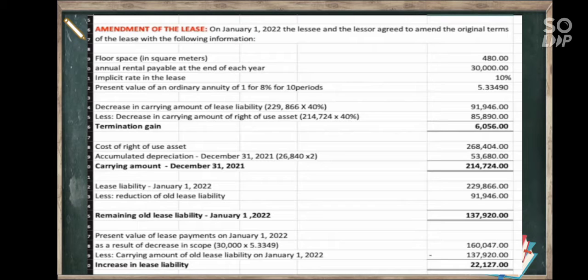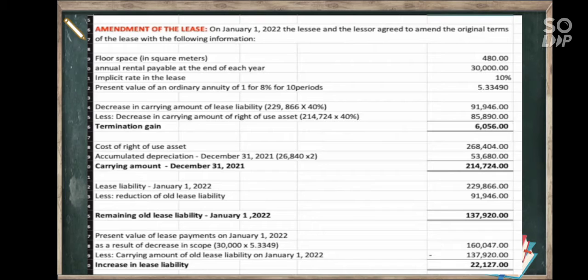The present value of lease payments on January 1, 2022 as a result of decrease in scope is 160,047. Yun sa siya pagkuha multiply ang atong annual rental payable by present value of an ordinary annuity of 1 for 8% for 10 periods.